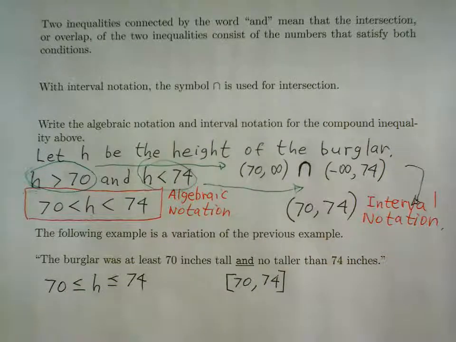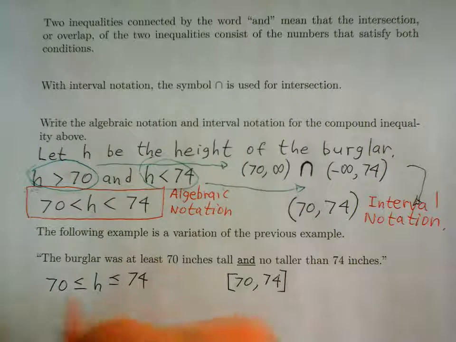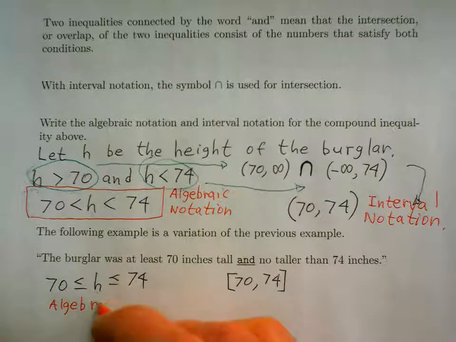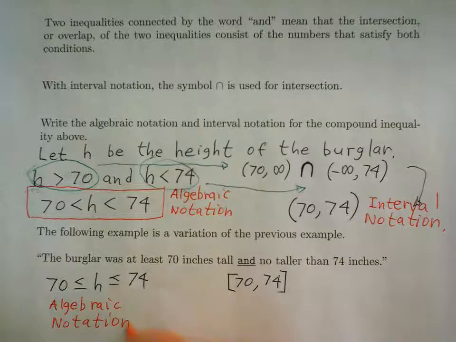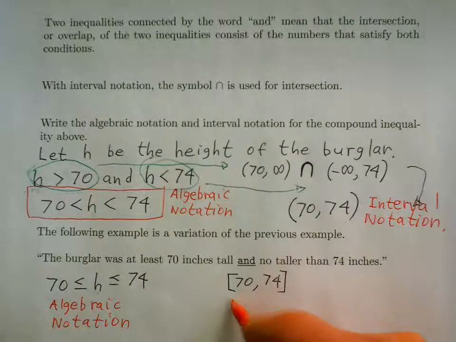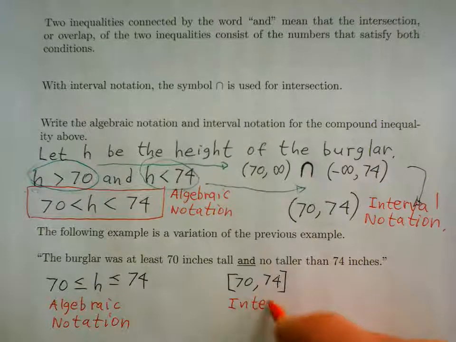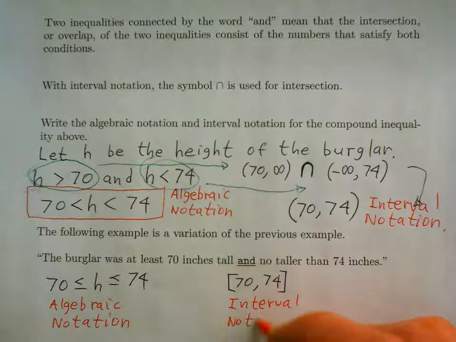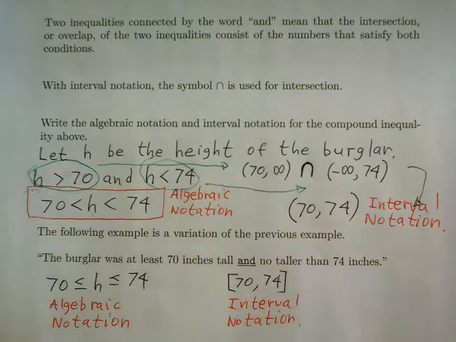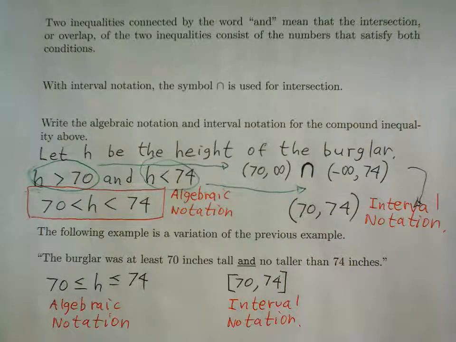The one on the left is algebraic notation, and the one on the right is interval notation. They both mean the same thing.